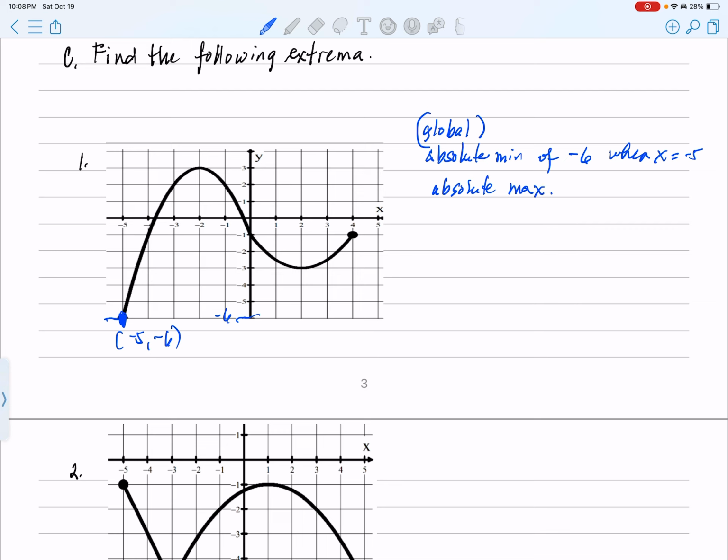We could find it at this point right here, 1, 2, this point. And this point. This is (-2, 3).